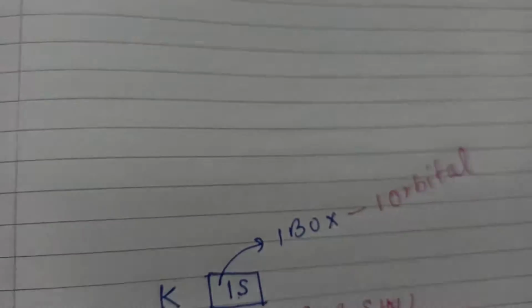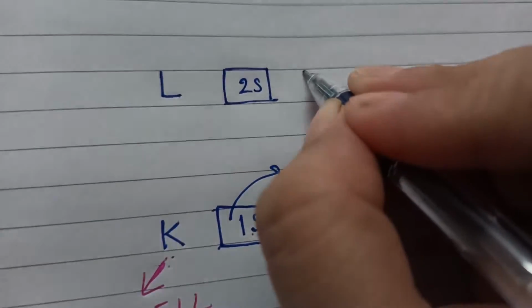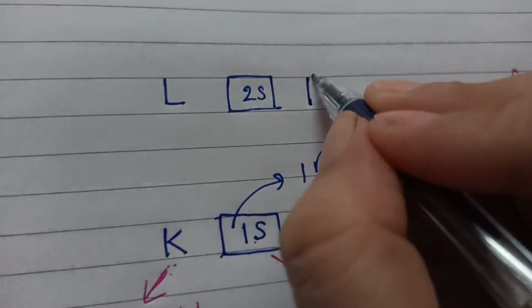If I explain further with one more floor of this building, then suppose the second floor is the L floor. So the L floor has two houses. The first is 2S and the second is 2P, right?